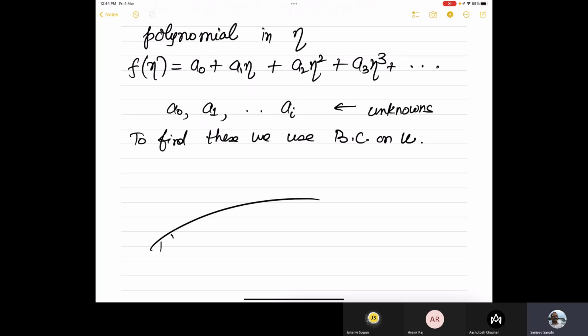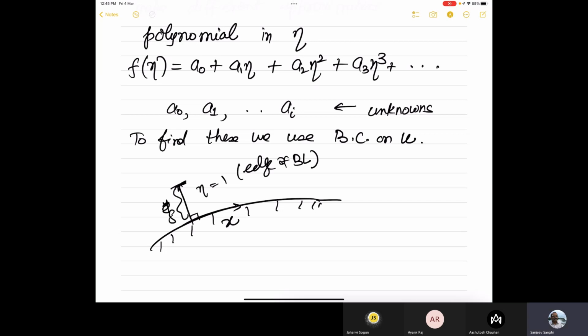Now, let's try to draw a cartoon of this. This is the surface, and I'm deliberately drawing a curvilinear coordinate system, and y at any instant will be perpendicular. So this is y, and if this is the boundary layer, eta equal to 1 is the edge of the boundary layer.